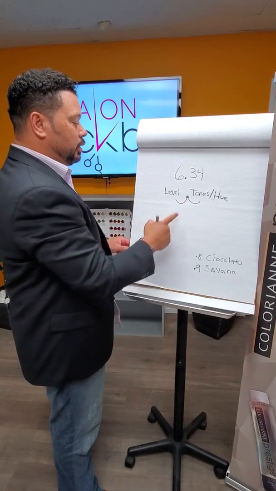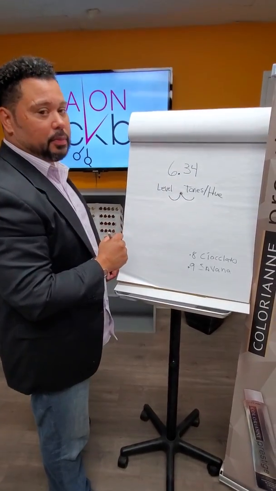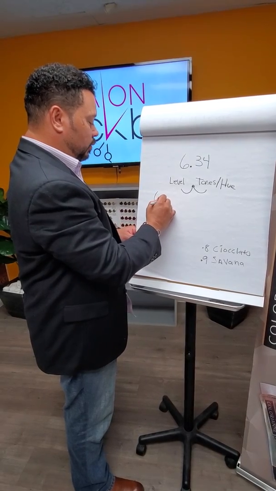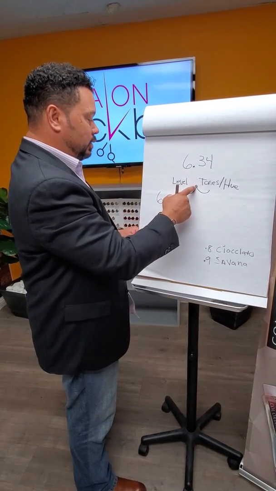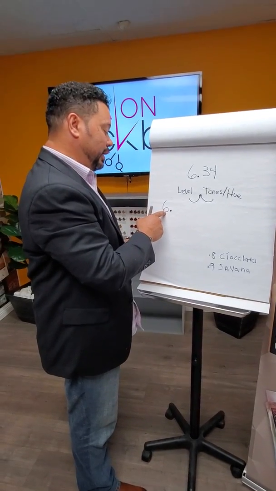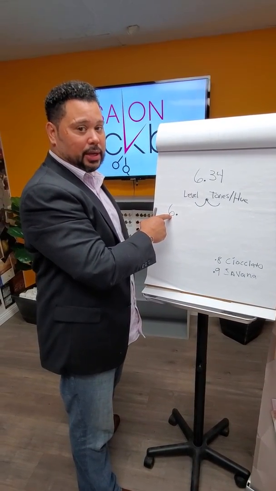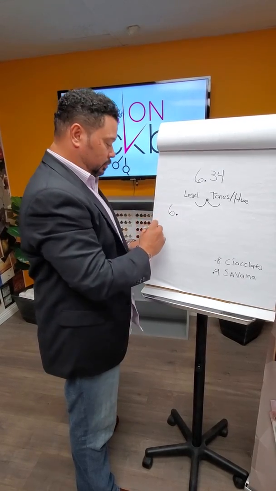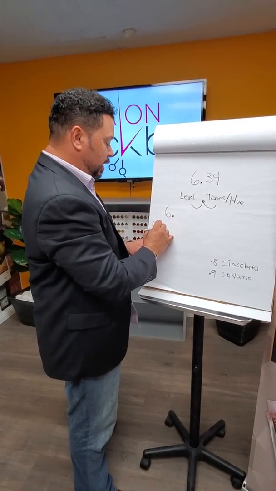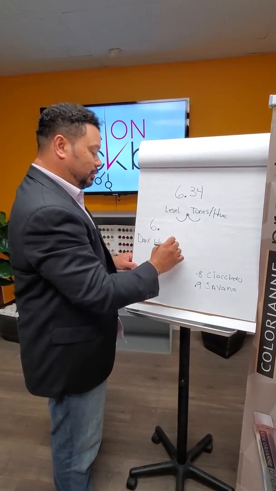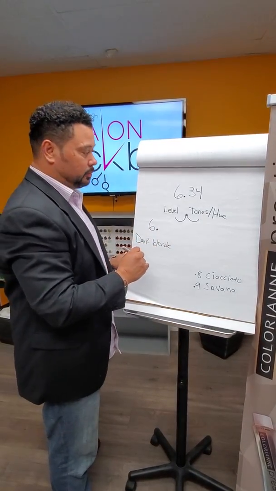6.34. The decimal is very important. So if we have a 6 with a decimal and it's to the left, we understand that it is a level or a shade. Do you remember what level 6 is? If you said dark blonde, you were correct.